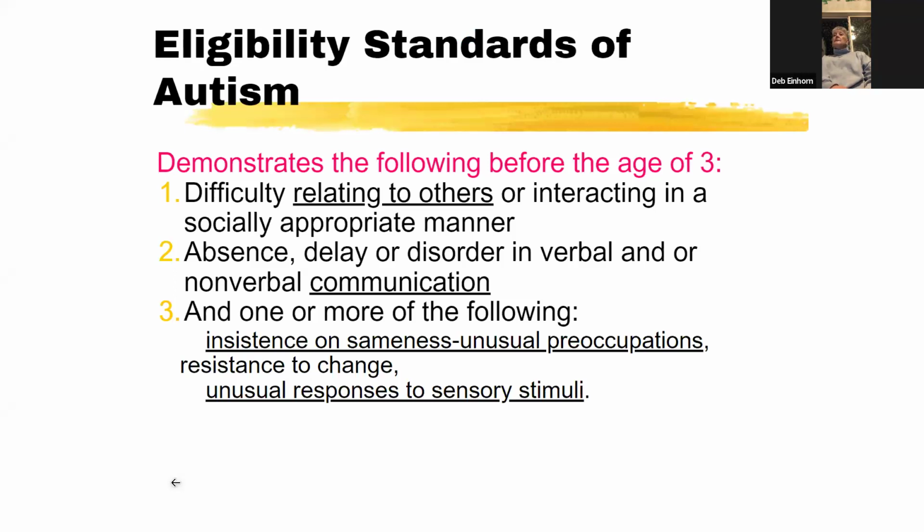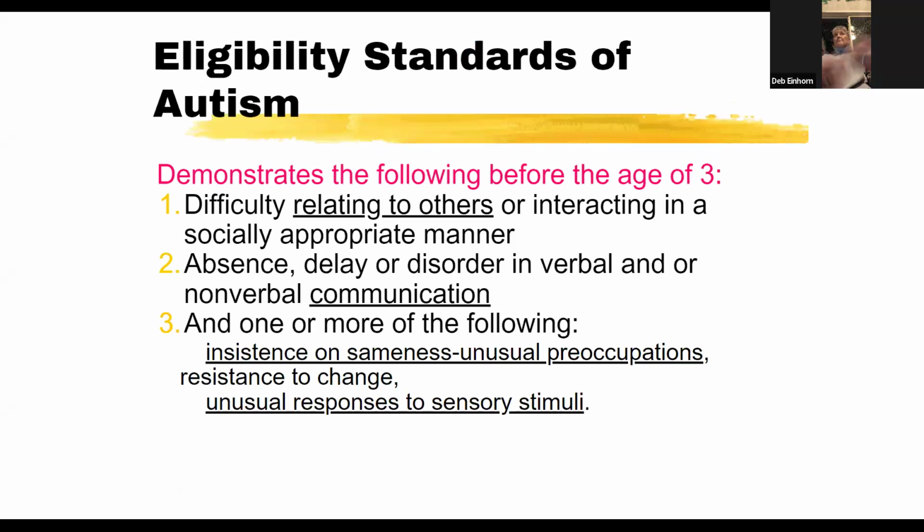Insistence on sameness, some examples of that are when a student might have a meltdown if the daily schedule changes in the classroom. Certain things happen at certain points of the day, and if one week they have a field trip or an assembly or something that interrupts that schedule, the student might have a meltdown because they're not following that rigid schedule.